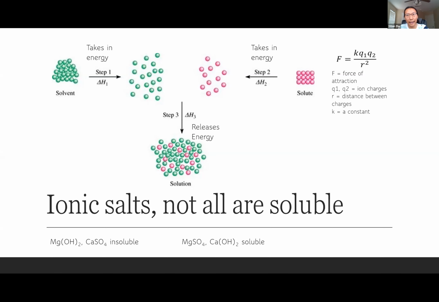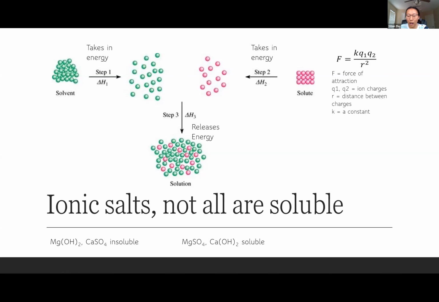And that takes in energy because it takes effort for you to separate them. The second step is that you have to overcome the forces of attraction inside the ions, inside the salts, to rip them apart, and that also takes energy. And so the third step, when they combine, that's what releases energy, because now the solvent molecules, like the water, can start stabilizing the separated ions.